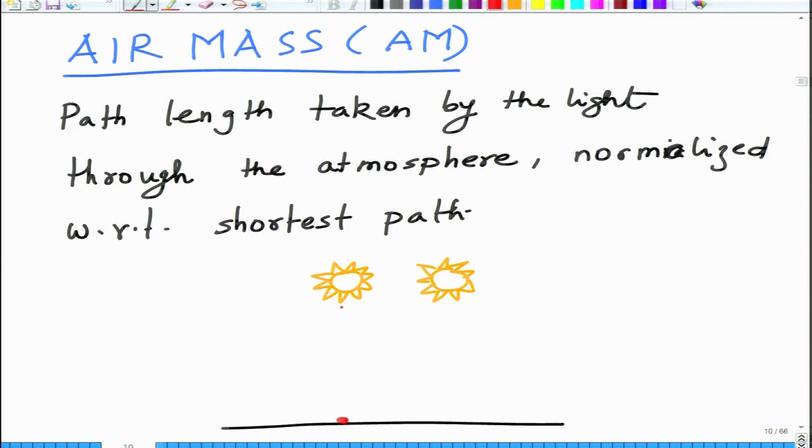In the first case the light is coming in this fashion, in the second case light is coming through in this fashion. So the path length, let us say this is x, this is x prime. x prime is greater than x. This is the position when the sun is absolutely vertical to the point of interest. Let us say the point of interest is this. This is called zenith.